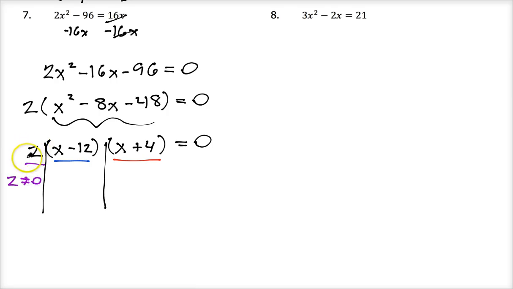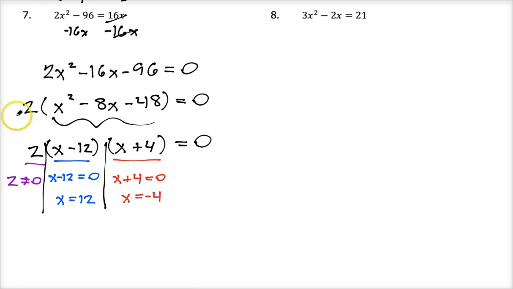So really, this GCF here is not affecting our answer. We're still worried about setting the quantities with the variables equal to 0. So the x minus 12, if that's equal to 0, then x is equal to just 12. If x plus 4 is equal to 0, then x is negative 4.